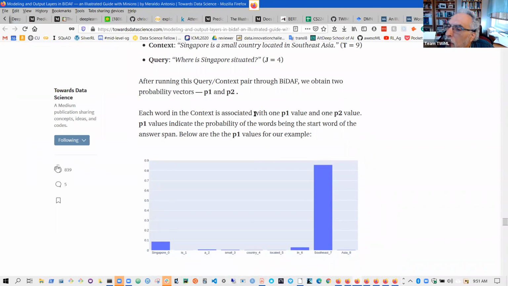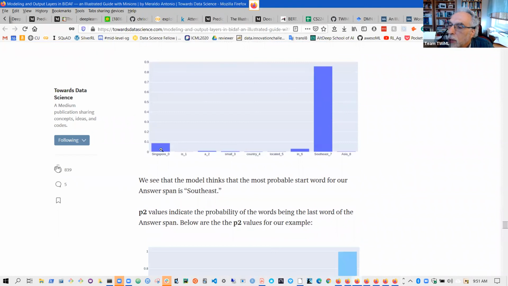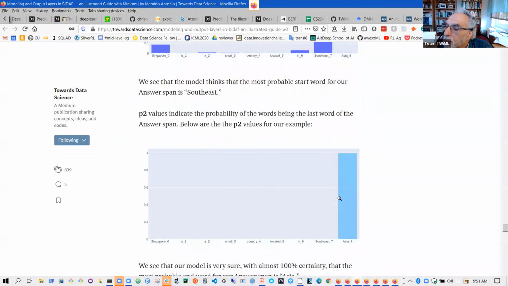Each word in the context is associated with one P1 and one P2. So these are the P1 values. Again, this is the probability that it's the first word in the answer. And the P2 values indicate the probability of the words being the last word of the answer. So you have that.